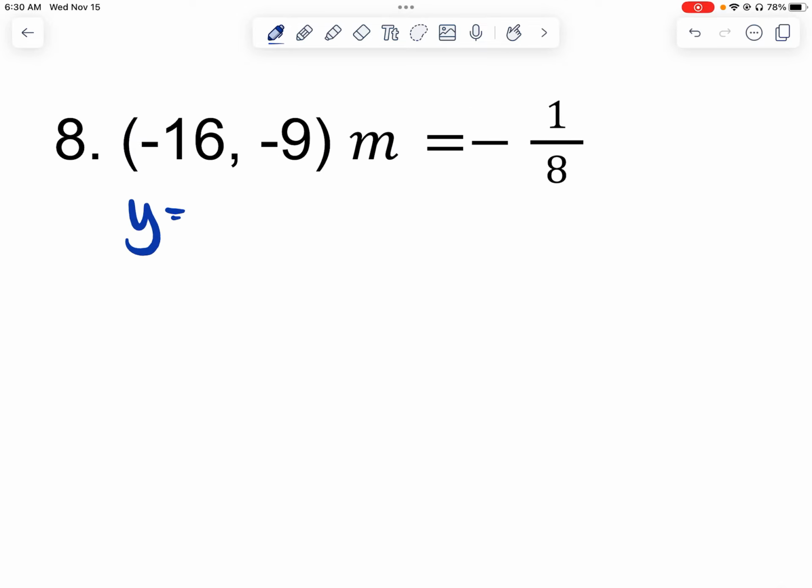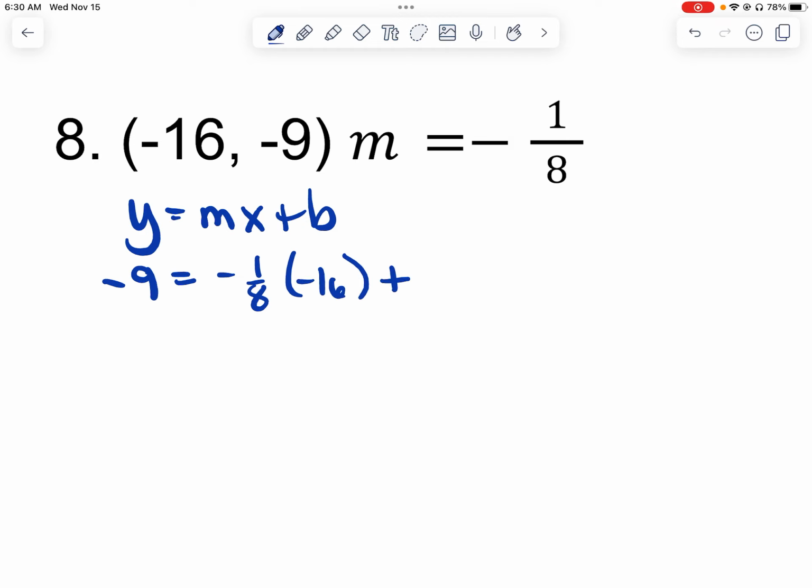Then I have y equals mx plus b. I'm going to replace the y with negative 9, the m with negative 1/8, and negative 16 plus b. So negative 9 equals, negative times negative is a positive. So 1/8 times 16 over 1 would be 16 over 8, which is again 2.